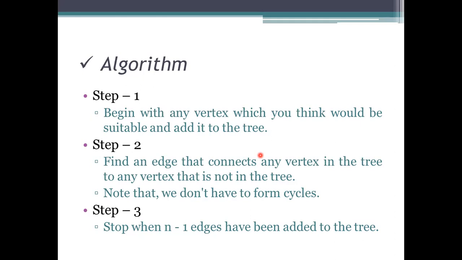So if the vertices are 4, we will have n minus 1 edges, that is 3. So how are we going to start? Pick up one edge which has the low cost.